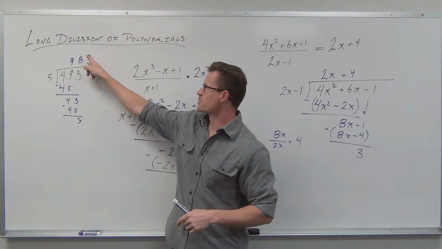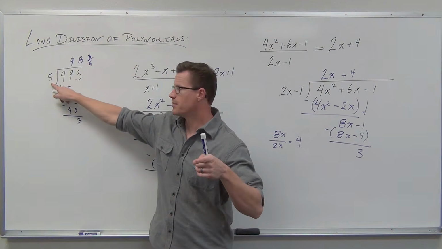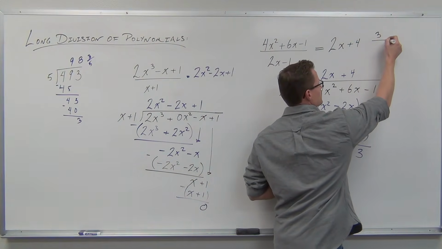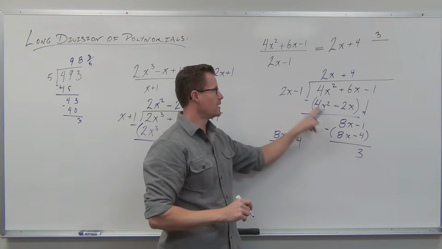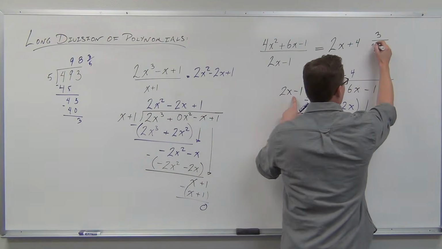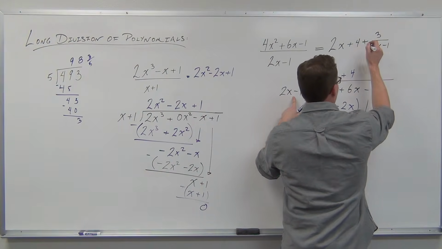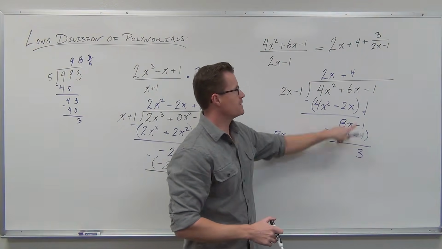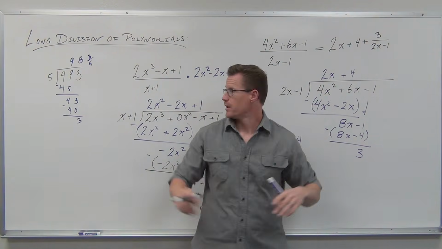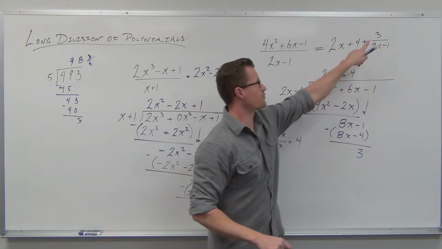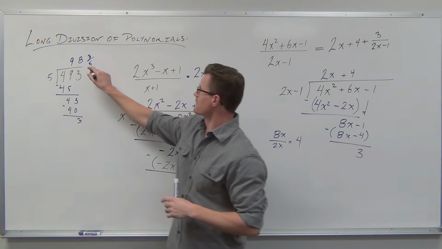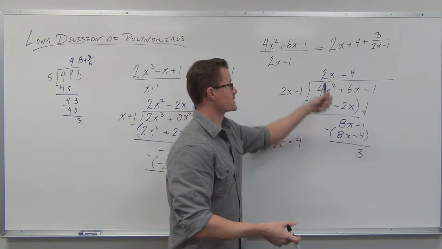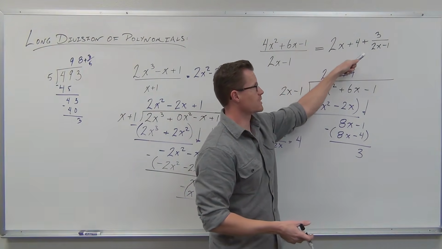We can put the remainder as 3 over what we divided by, your denominator, and add that to your quotient. If that had been negative, you would have subtracted that. So your remainder becomes a fraction added to your quotient. In fact, this really is added to. That could be 98 plus 3/5. That's 98 and 3/5. This is 2x plus 4 plus 3 over 2x minus 1.